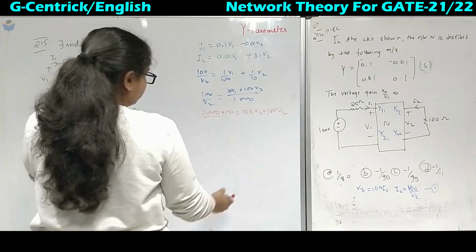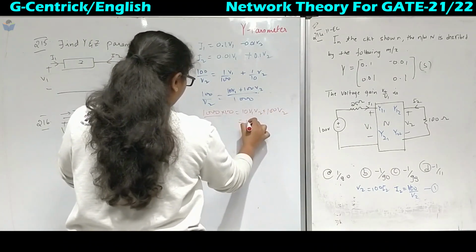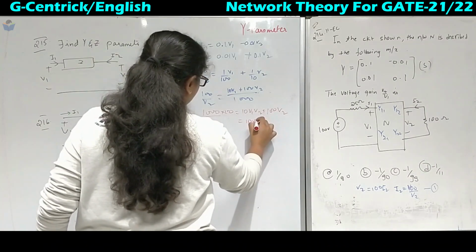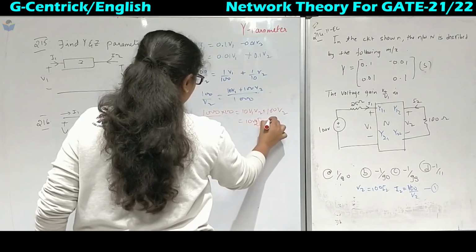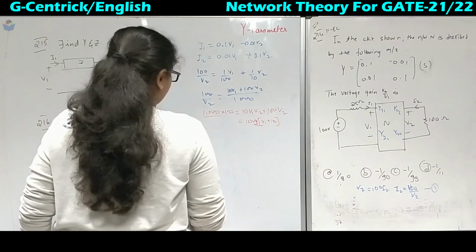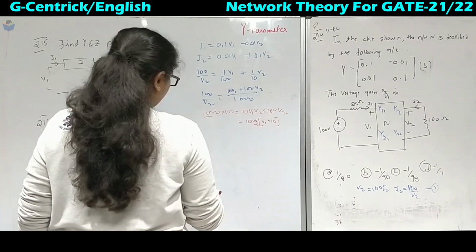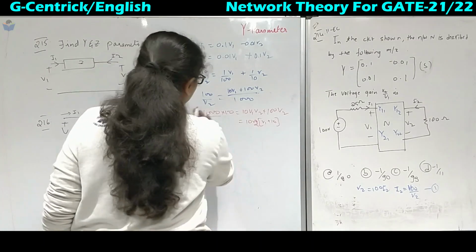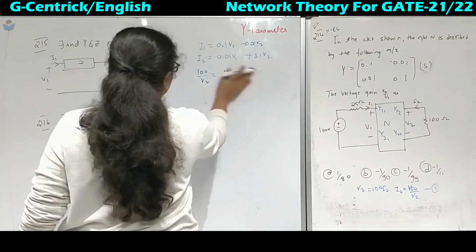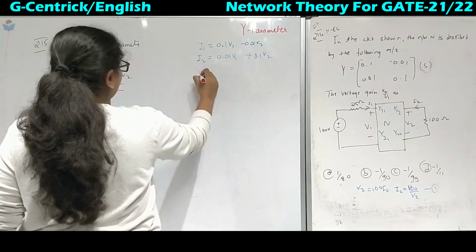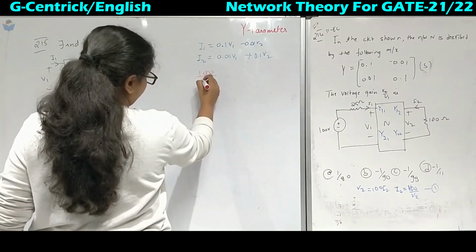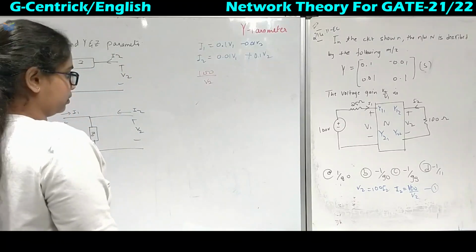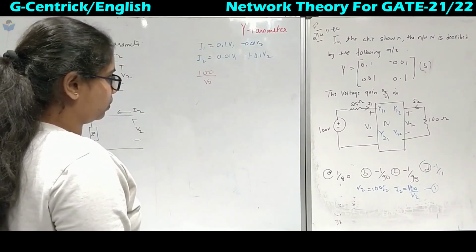Now this V2 can be taken common, even 10 V2, so this will be V1 plus 10. I will take this in the denominator. Then, okay, something is wrong over here. We will replace this with V2 by 100, right, V2 by 100. So it's not 100 by V2.